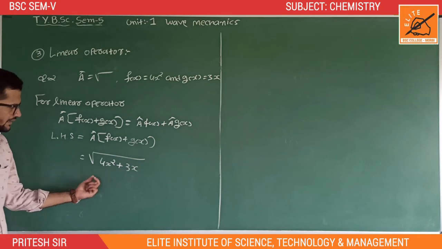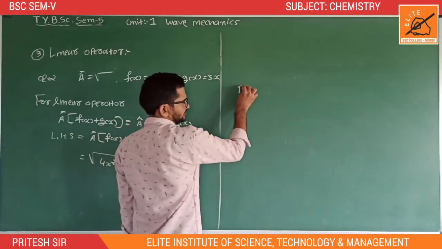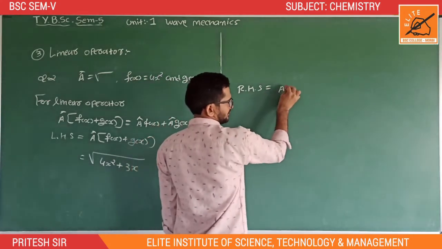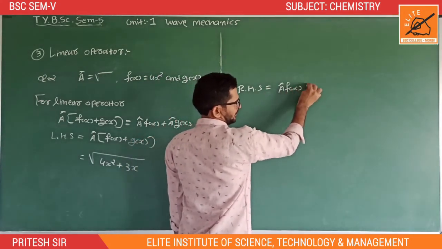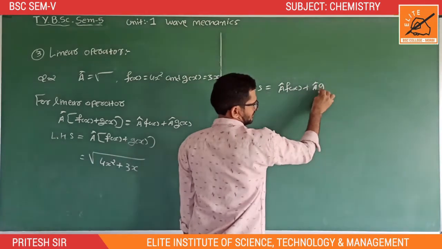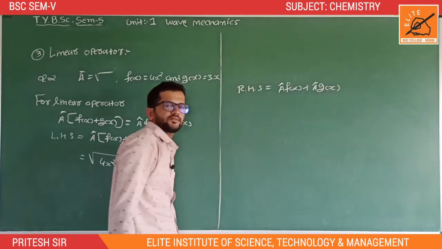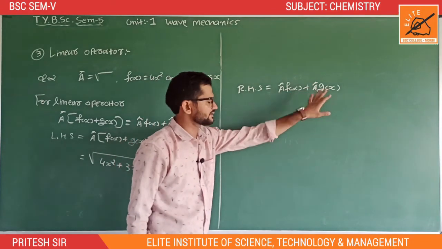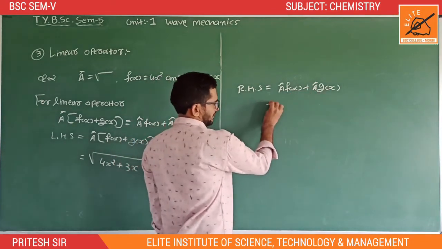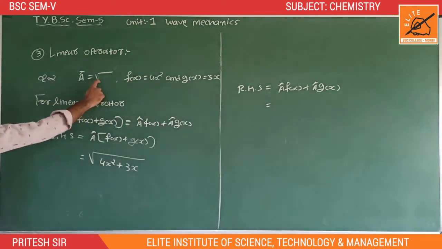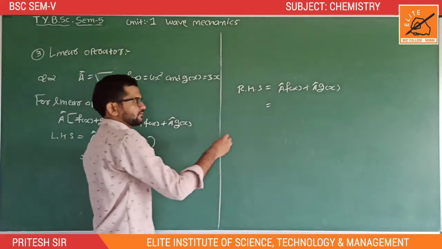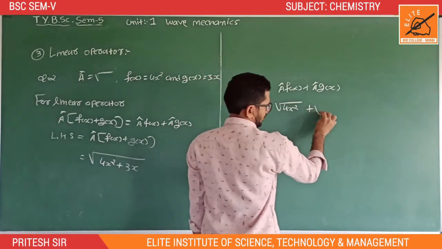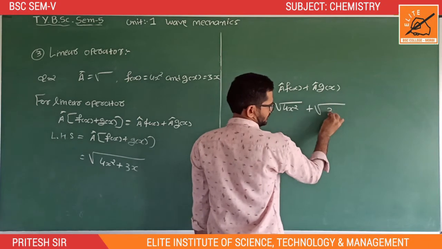Now the value of RHS. RHS is equal to A cap f(x) plus A cap g(x). Put the values: A cap is under root and f(x) is 4x square. So under root 4x square plus under root 3x.